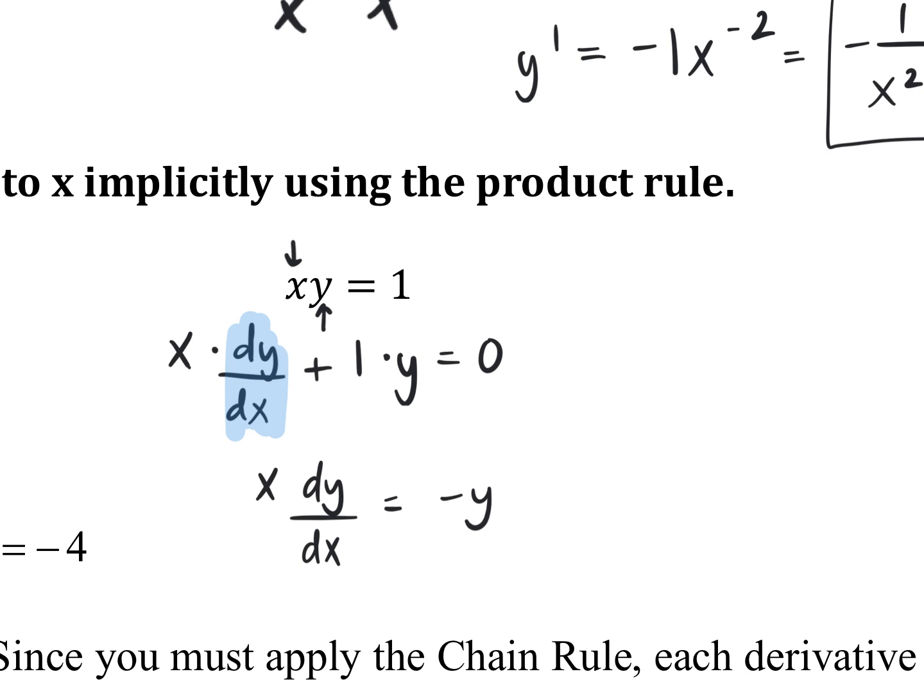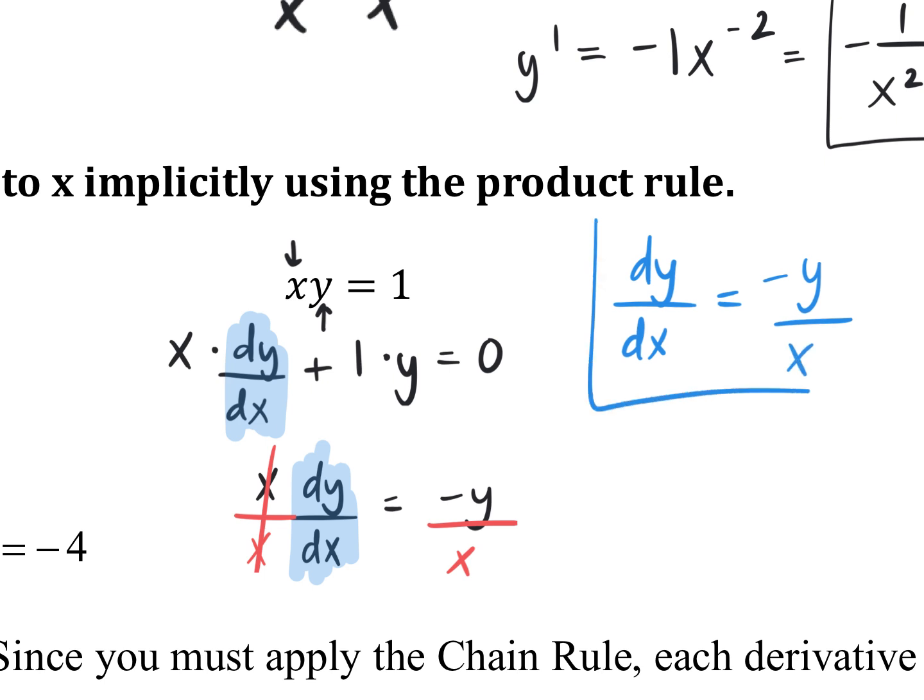Okay, well, how do I get the dy dx by itself? Divide by x, right? So divide by x, divide by x. That goes away, and we're left with dy dx equal to negative y divided by x.